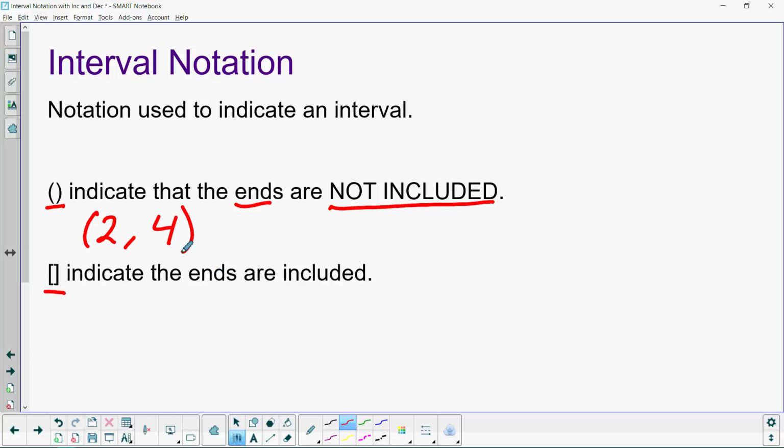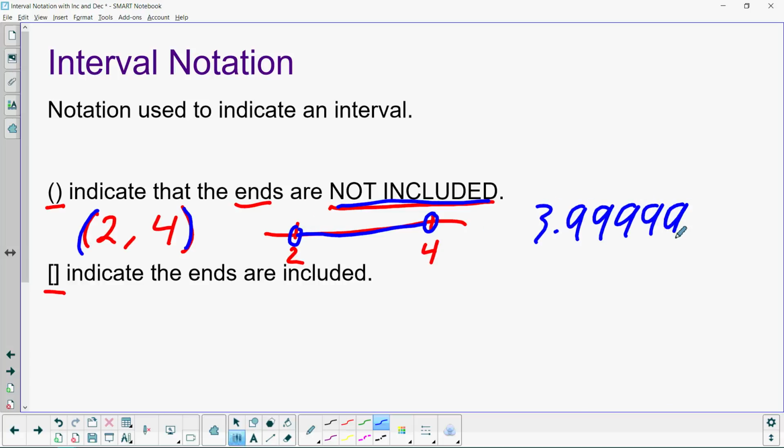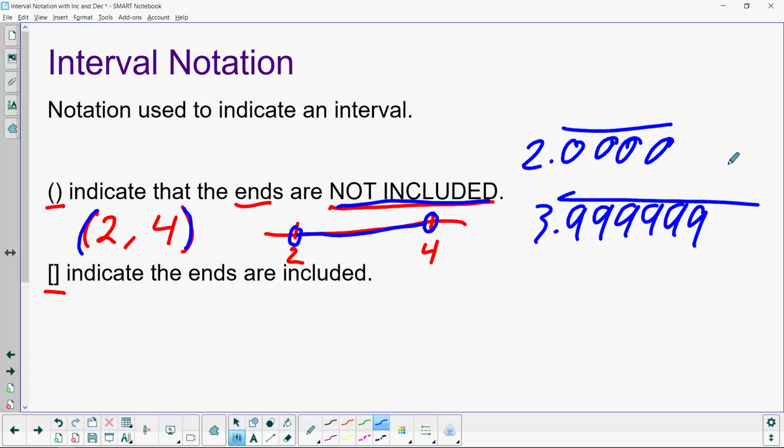This interval starts at 2 and goes to 4 and covers everything in between. But because these are parentheses, we are not including the ends. They'll have open circles, a hole on both ends. So this includes 3.99999, and so on until you're annoyed. It means 2.0000 and then a 1 at the end, but not 2 and not 4. It doesn't include the end points.